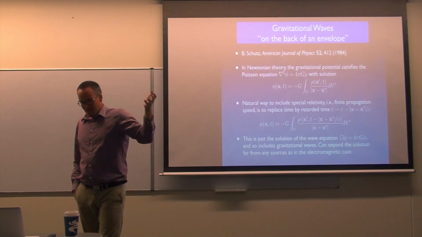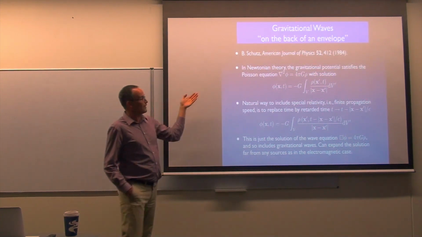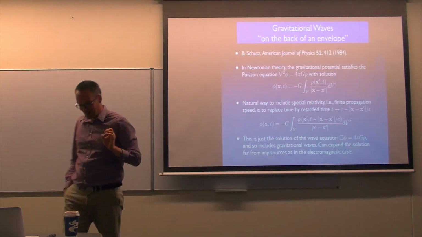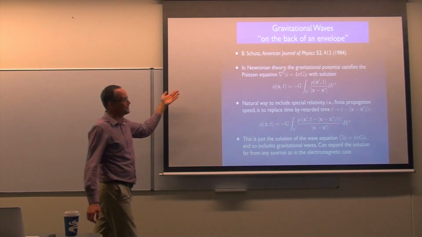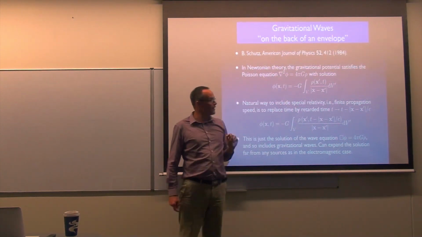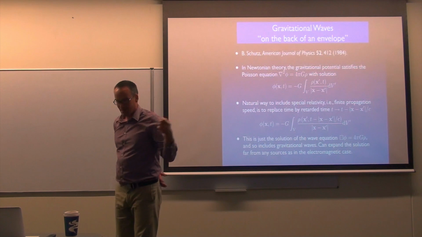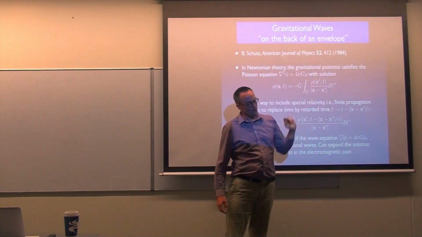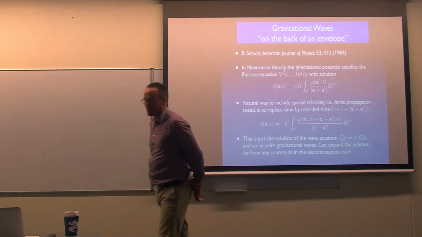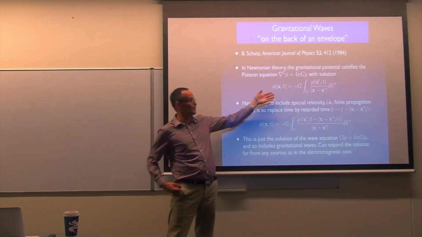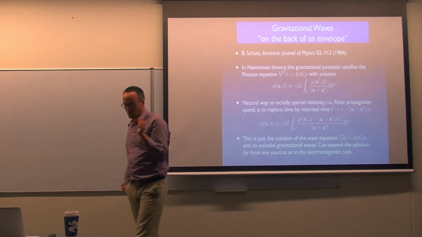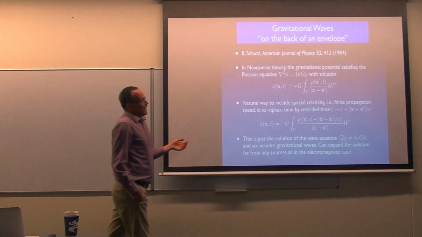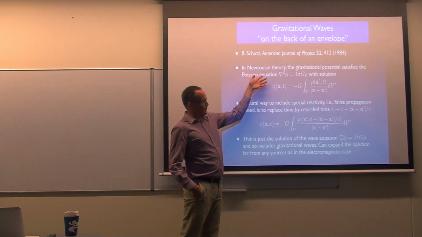So the argument is basically that if you take the Poisson equation for the gravitational field, del squared phi is 4 pi G rho, we know that that has this solution, again from the Green's function, with the integral of rho over r. It's just superposition of the individual Coulomb potentials for each of the mass elements. So that's Newtonian gravity.